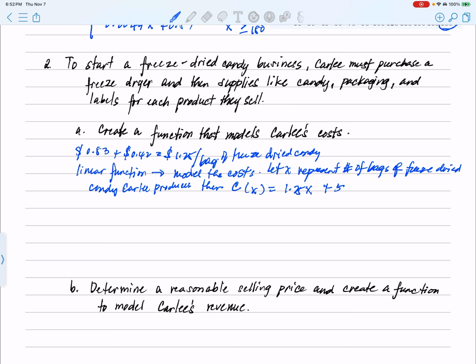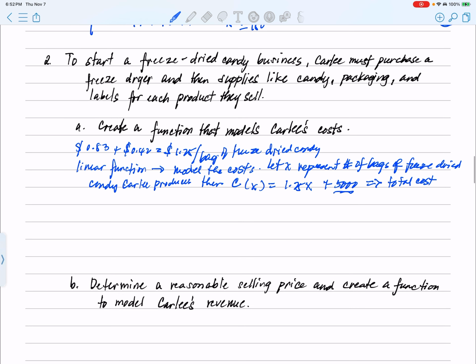This represents the total cost, assuming she buys the more expensive freezer, which is the 5,000. And that would be the equation that we are going to assume.